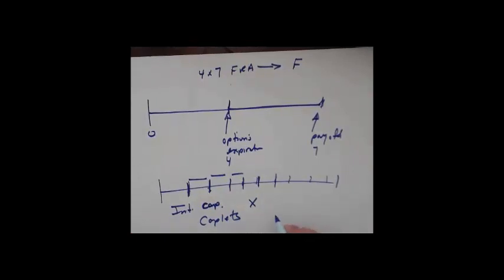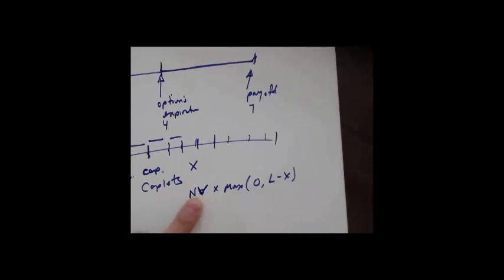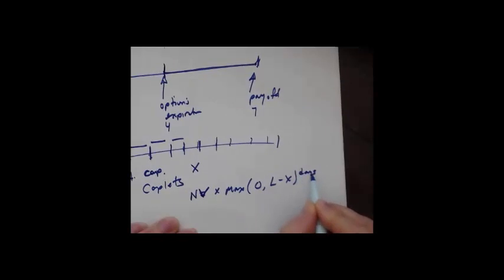And the payoff to each caplet looks exactly like what we saw earlier on a plain old interest rate call. It's the notional value times the maximum of 0, or the LIBOR rate minus the strike, adjusted for the time period involved.